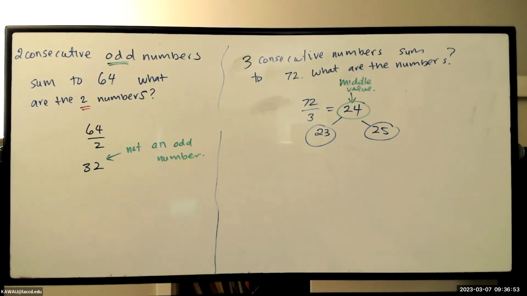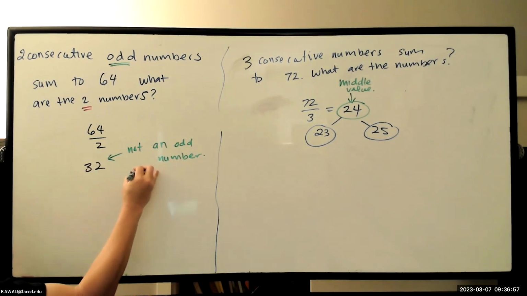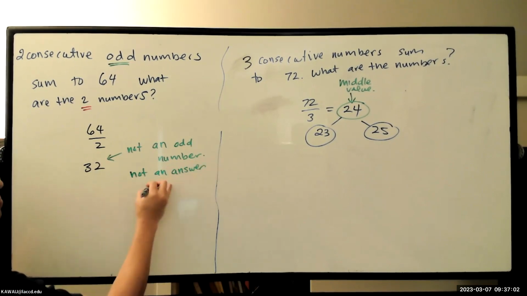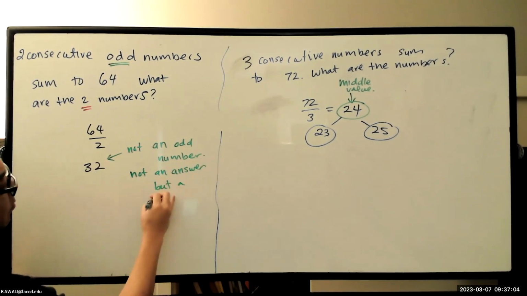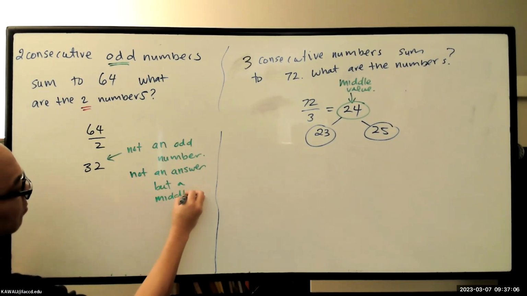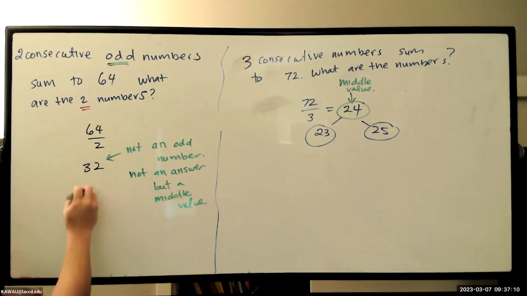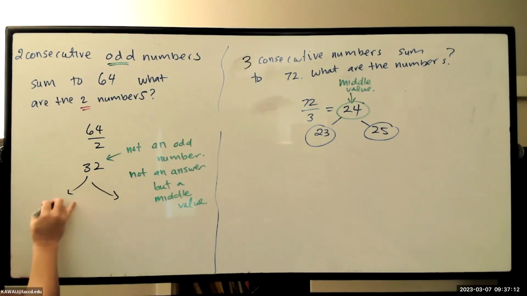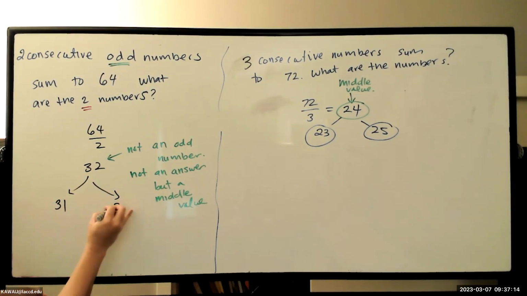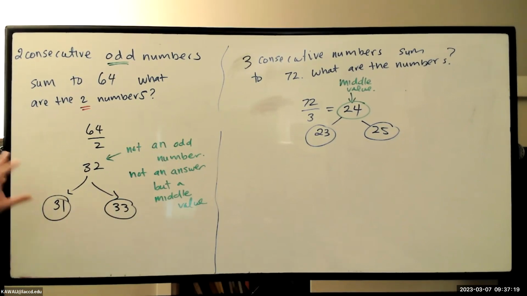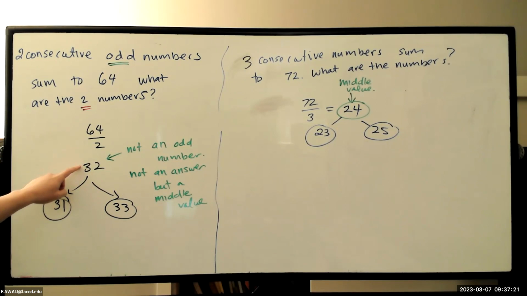So it's not in your answer, but it's the middle value. So that this will turn into 31 and 33. These are the two odd numbers that are separated by 32.